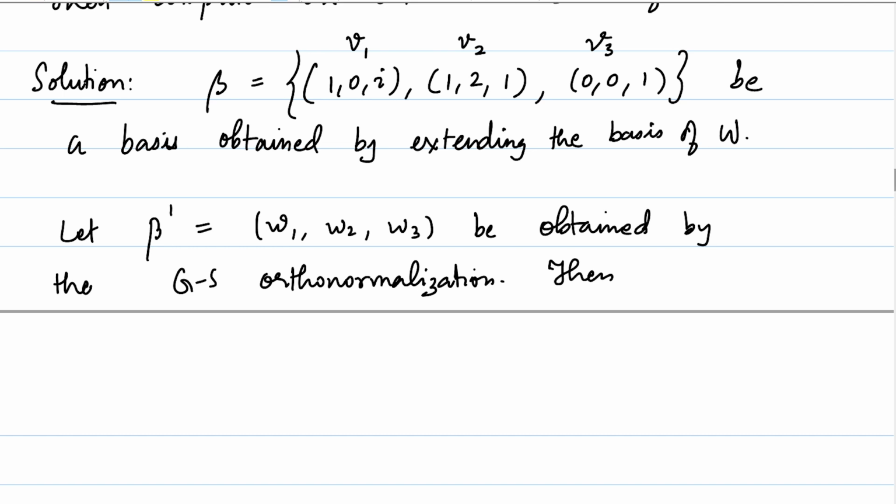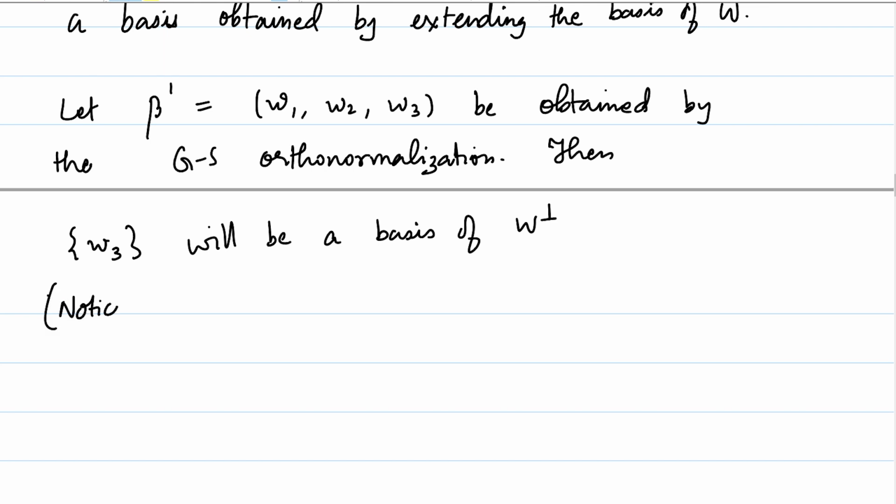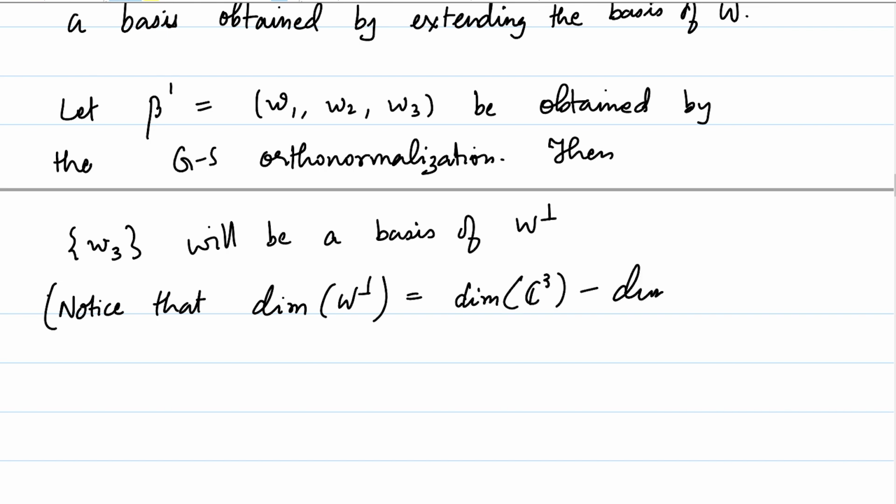Notice that the dimension of the orthogonal complement is going to be equal to the dimension of C3 minus the dimension of W, right? So let me complete what I was writing. Then W3 will be a basis of the orthogonal complement of W. So notice that the dimension of the orthogonal complement of W is equal to dimension of C3 minus dimension of W, which is 3 minus 2, which is equal to 1.